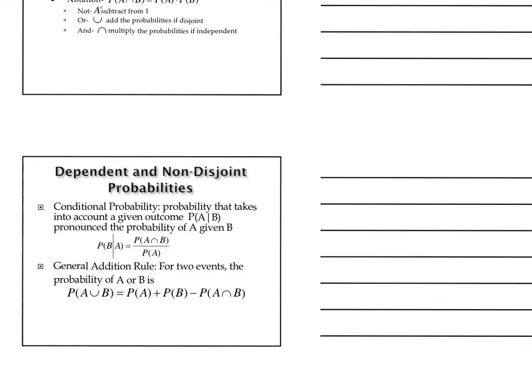So we say what's the probability of a heart given it's a red card? Well, there's 26 red cards and 13 of those are hearts, so that probability is 1/2.